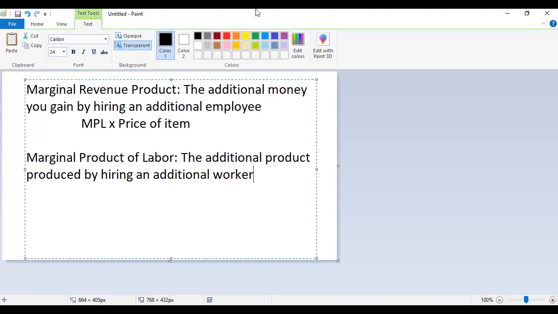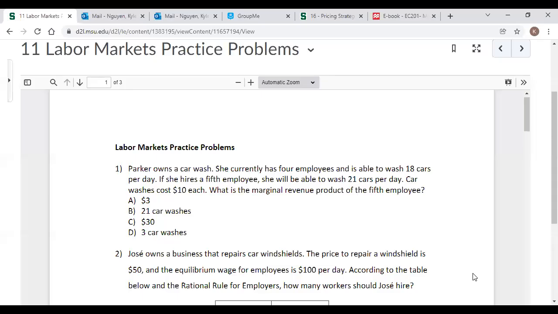Let's go back to our problem and quantify these numbers. When we had 4 employees, we had 18 cars washed. When we hired a 5th employee, we washed 21 cars. So our marginal product of labor would be 3, because we went from 18 to 21. So obviously that's an addition of 3.